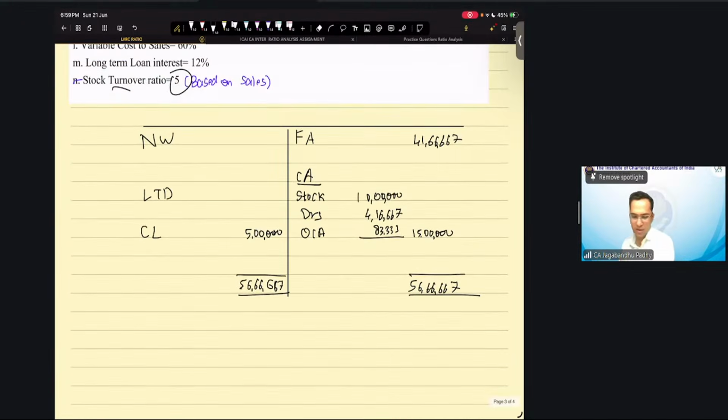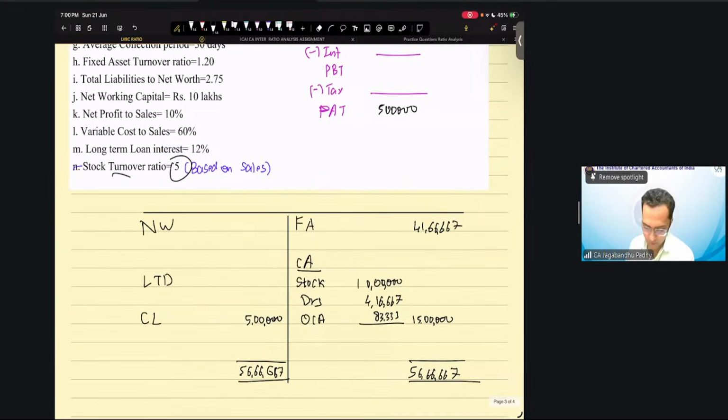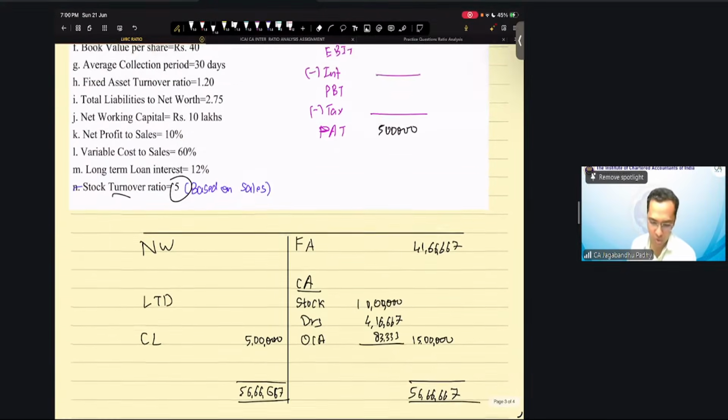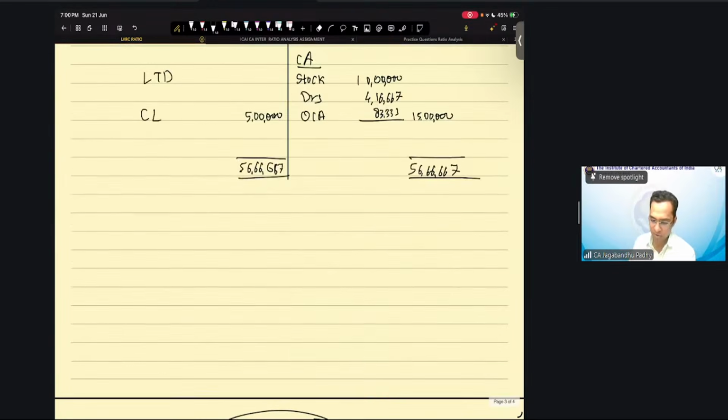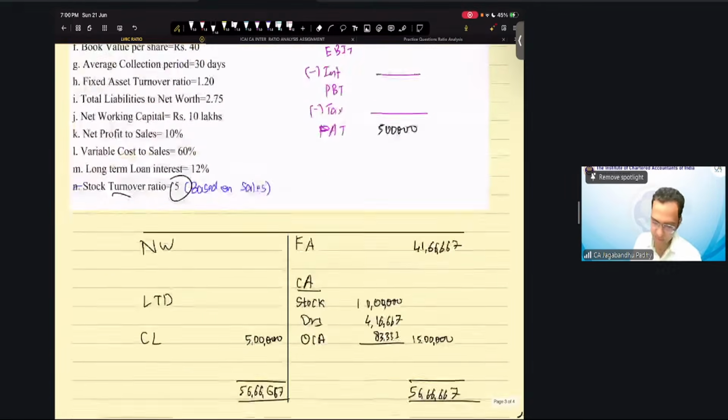Now we don't know what's the net worth, what's the long-term debt, right? But we do have a ratio of total liabilities to net worth. So we'll say total liabilities to net worth.